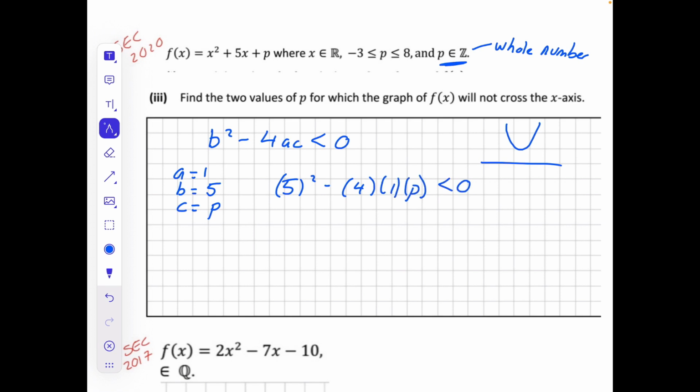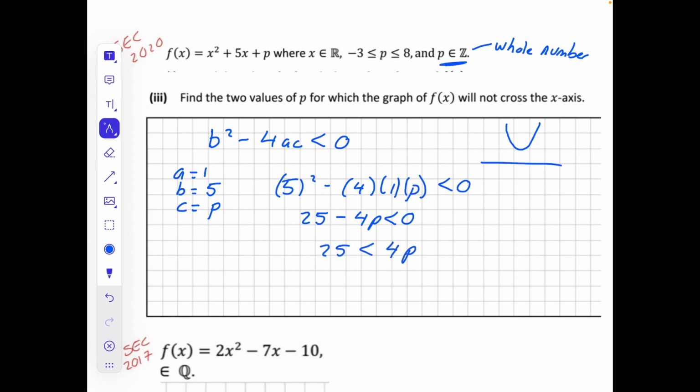I'm going to fill in what I know. So it'll be 5 squared minus 4 by 1 by p. Okay, do what I can with this. So we get out that 25 minus 4p is less than 0. Here I'm looking for values for p, so I'm going to get p on its own. I'm going to solve for p.